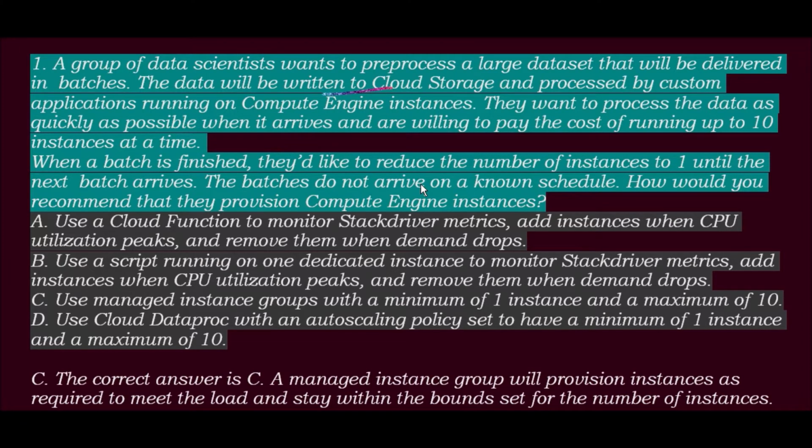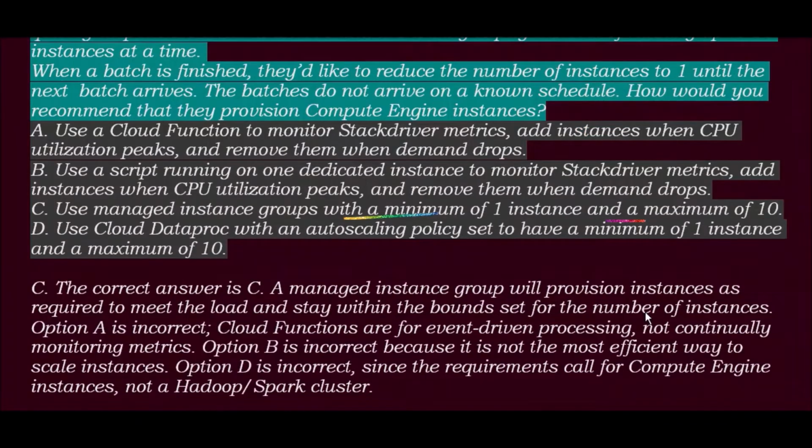So guys, I know this is a very lengthy question. Okay, option A is use a Cloud Function to monitor Stackdriver metrics, add instances when CPU utilization peaks, and remove them when demand drops. This is incorrect because Cloud Functions are for event-driven processing, not continually monitoring metrics.